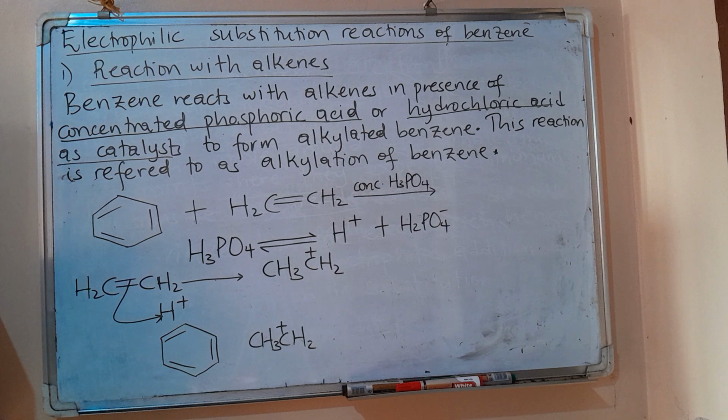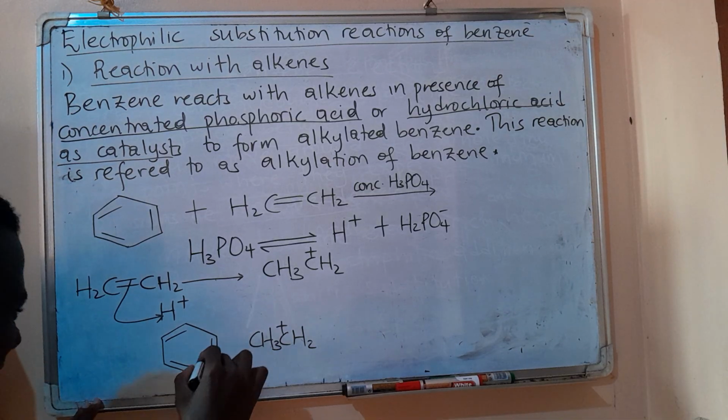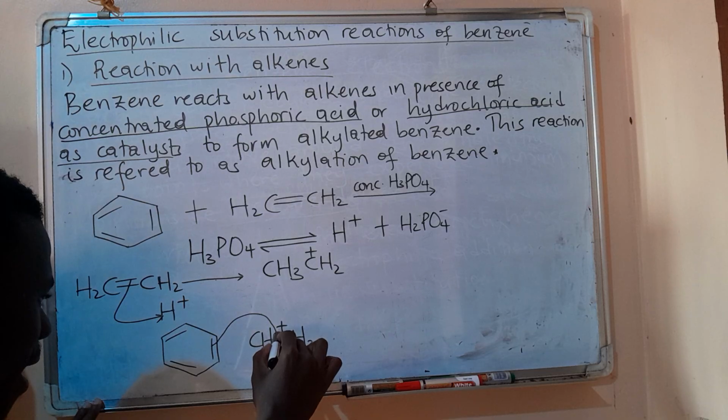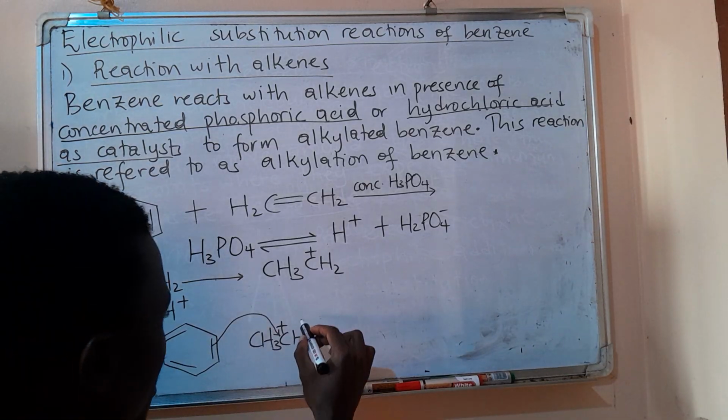So this carbon is electron deficient, and benzene, we have seen that it is electron rich. So we use electrons from one of the double bonds and donate strictly to that carbon that has a plus, not this first carbon, but the carbon that is electron deficient. Therefore, we shall form the following.